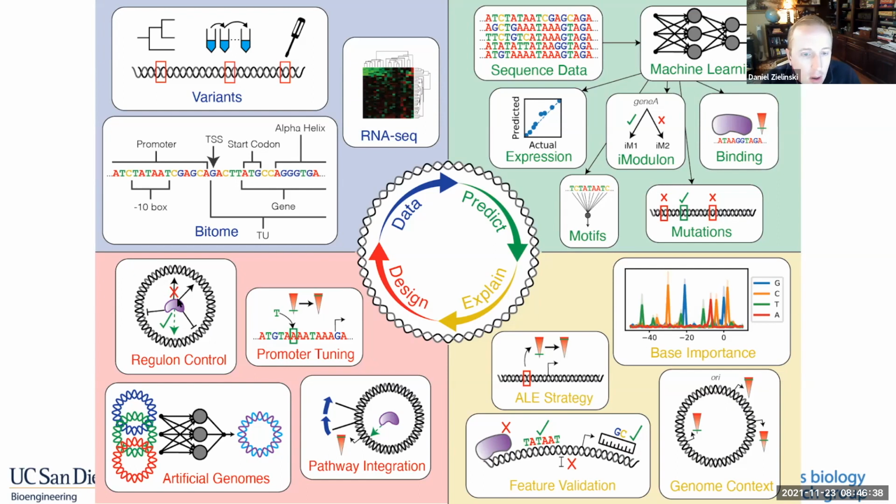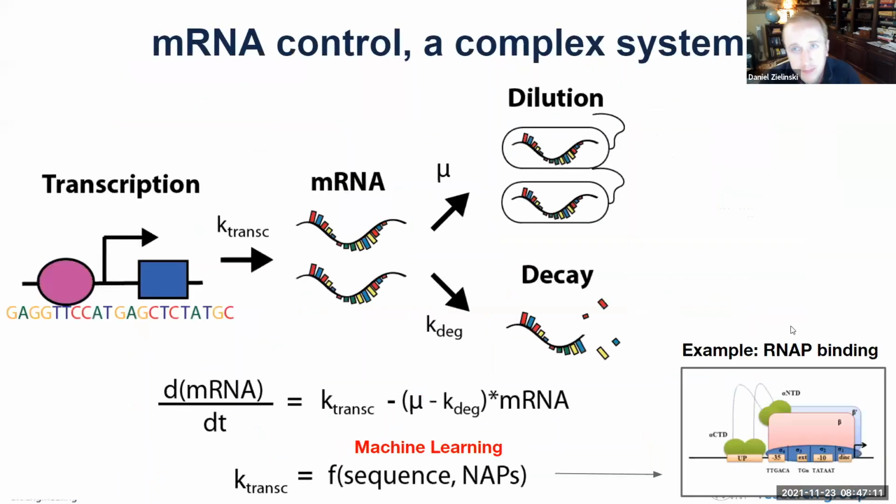If we know what the sequence basis for a gene's membership is in a regulon, why it is regulated by this transcription factor, we should be able to mutate that promoter and remove it from a regulon, or add a gene to a regulon without affecting other expression of that gene. So these types of design and prospective prediction are a major goal of this type of work. Eventually, we're not quite there yet, but I think we're getting the tools to start to do that.